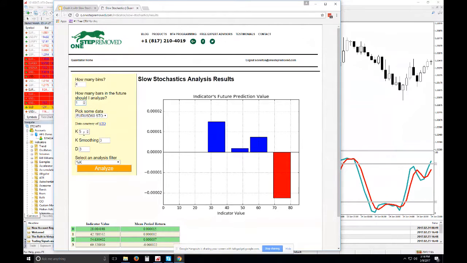Now, there's nothing magical about the settings 5-3-3. And a lot of the reason I created this tool is so that I could quickly walk through different hypotheses about the way this indicator might work and how it might benefit me. So what I'm doing is I'm going to try changing K to bigger values, because we're studying a 1-hour chart and there's nothing special about a 5-hour period.